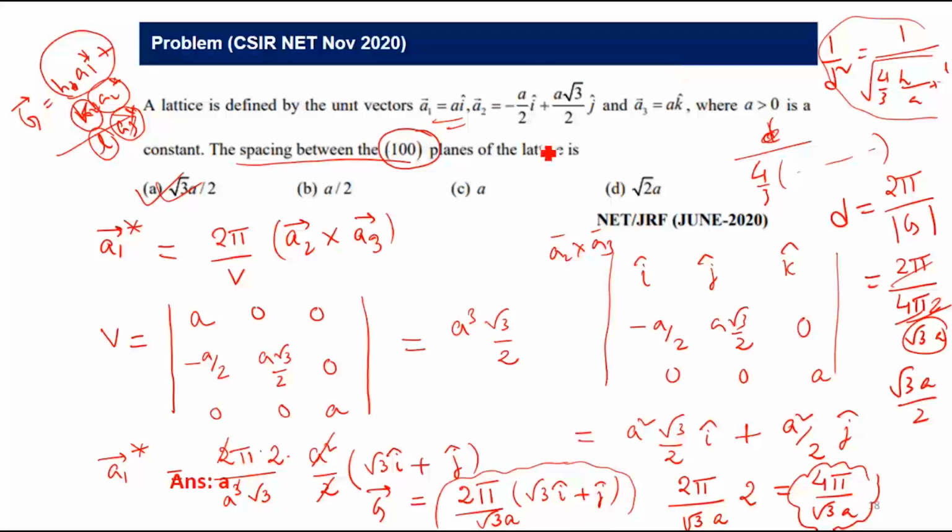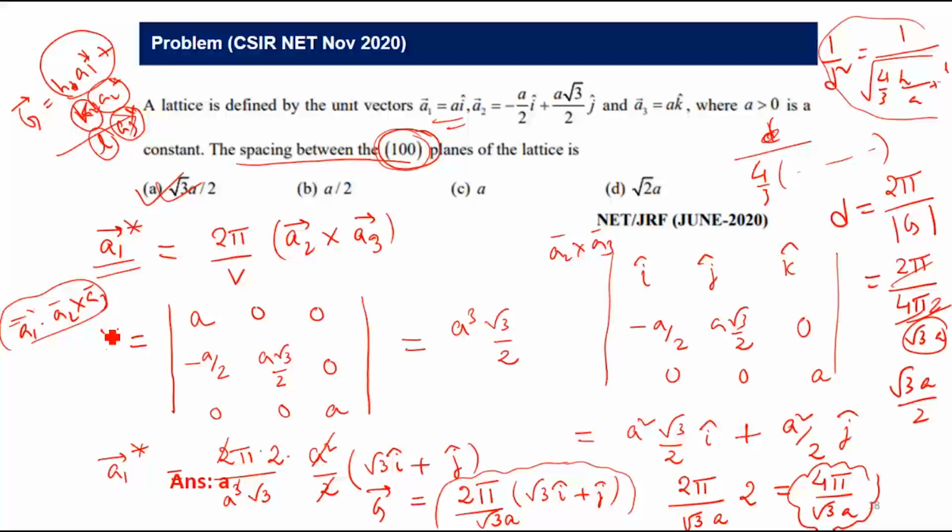This is another way of bypassing all these things and doing it easily. All you need to do is calculate the reciprocal lattice vector A1 star. They are deliberately making the question easy for you by giving 1, 0, 0, so that you don't need to calculate everything.